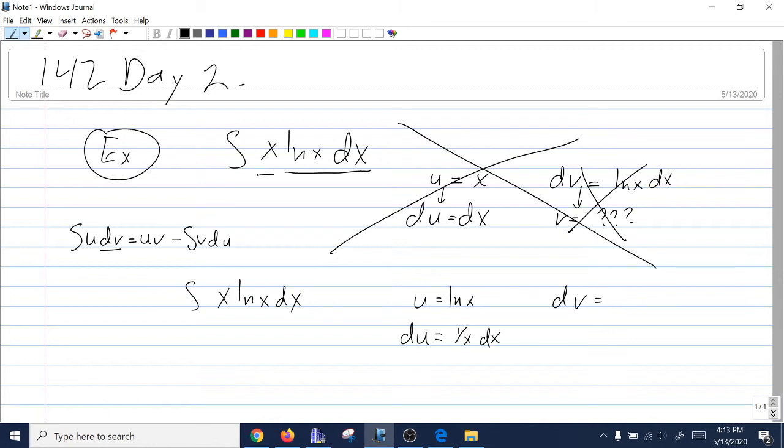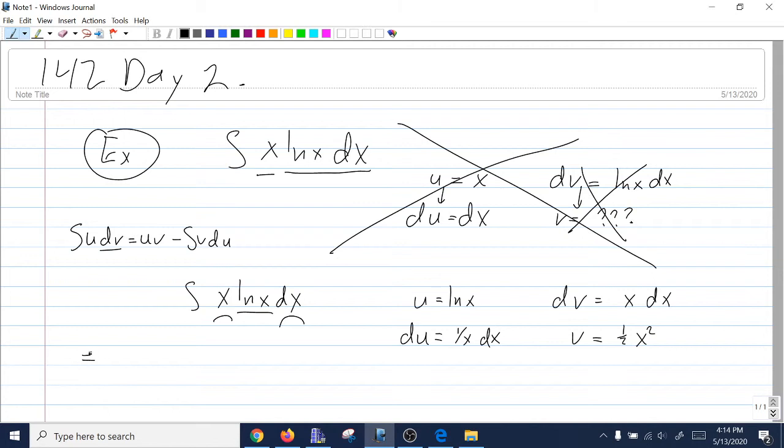If dv is everything else, we still need x and dx used up, so dv is x dx. V is an antiderivative of x, half x squared. I could put a plus c, but I usually don't unless I see a good reason. I don't have one here. There we go. Cool.